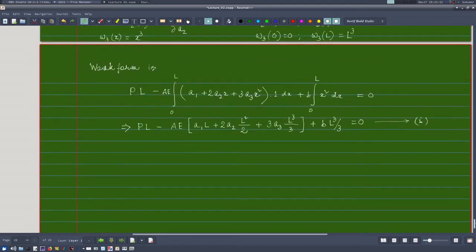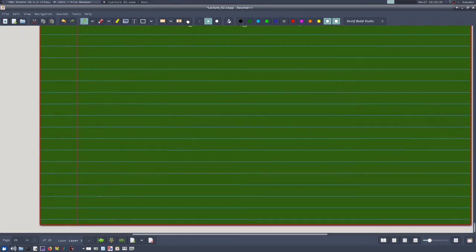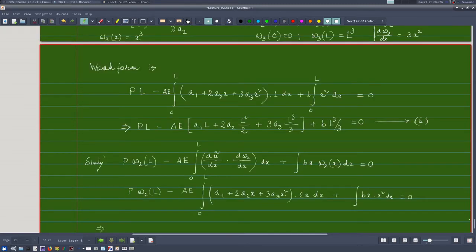Similarly, if I use the second weight function, then what will I get?